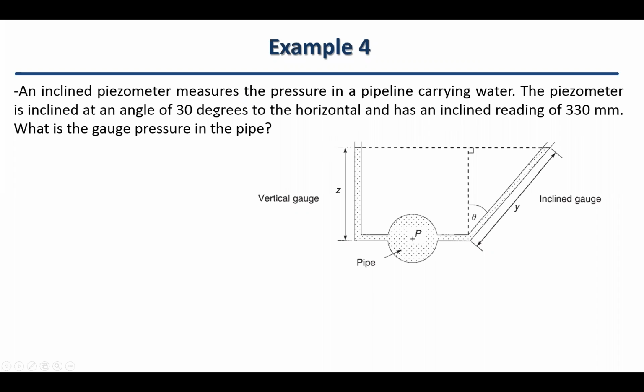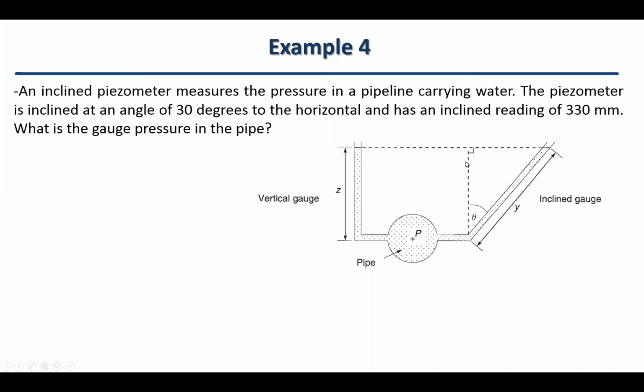You don't have to use the formula that I said in the previous slide. The most important thing is that you need to calculate the vertical distance, with the 30 degrees angle to the horizontal line and the inclined reading, or the hypotenuse, of 330 millimeters.